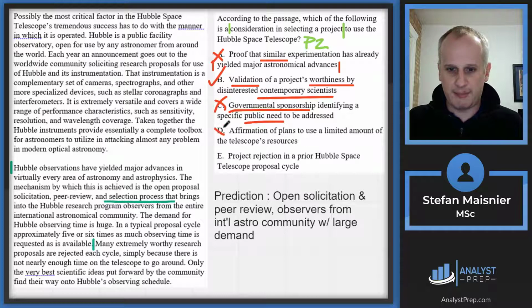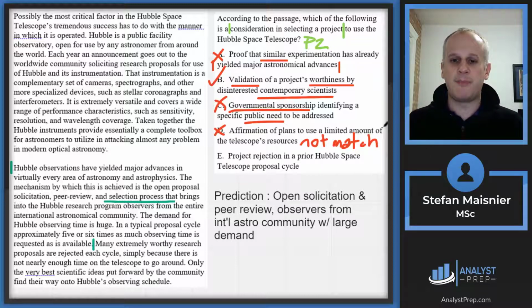So that's not matching what is stated either. So you can again just kind of say not a match. And project rejection in a prior Hubble Space Telescope proposal cycle. While many do get rejected, we don't know that that rejection actually leads to being accepted in a future cycle.